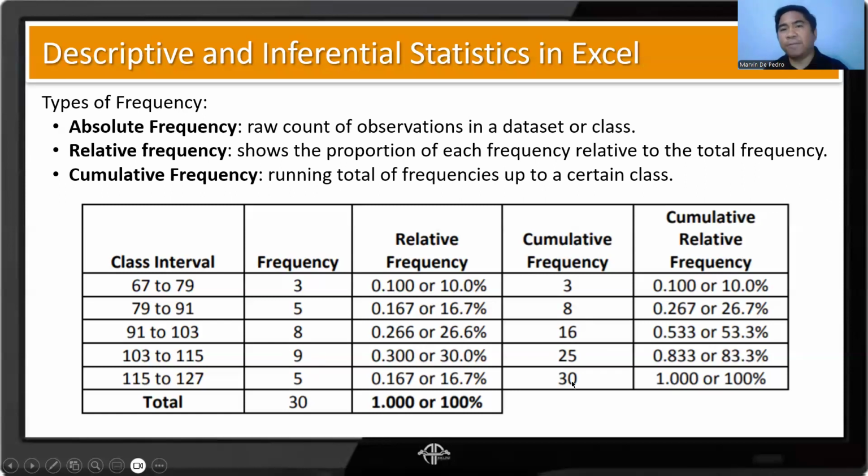Regarding cumulative frequency, the total frequency or our sample size should be the one reflected as our last cumulative frequency.